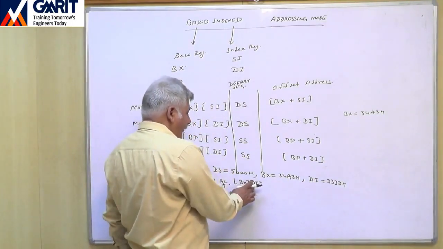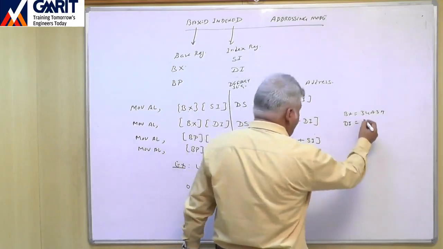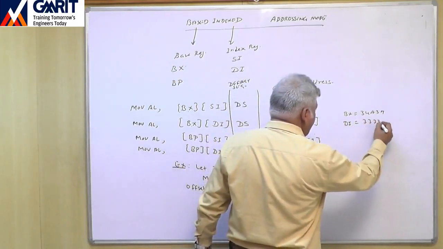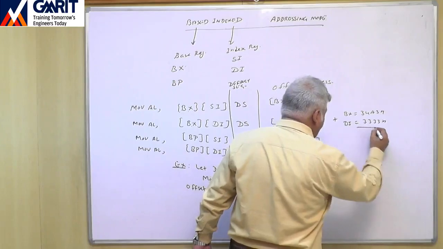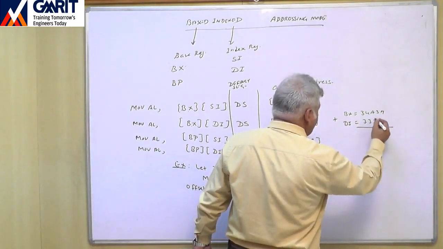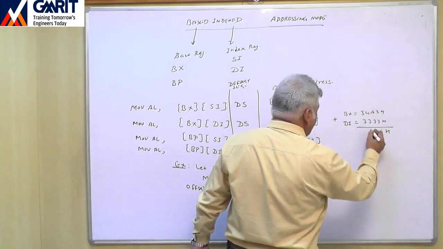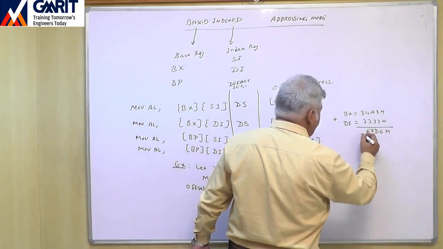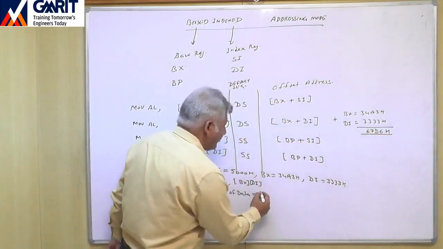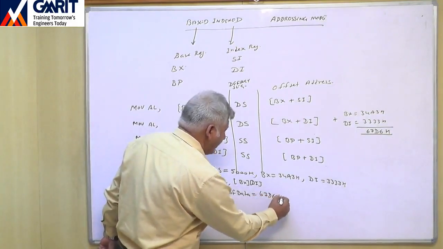So the value of DI is 3333H. We add these values: 3 plus 3 is 6, A plus 3 is D, 4 plus 3 is 7, 3 plus 3 is 6. This is the offset address, right? 67D6H.